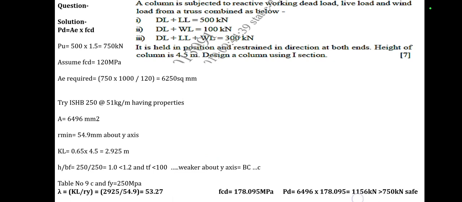Therefore we get 6496, that is the area of the section, multiplied by the FCD, and we get the section load carrying capacity as 1156 kilonewton, which is greater than 750 kilonewton, which is our ultimate load that will be acting on the column. Hence our column is safe in the loading.